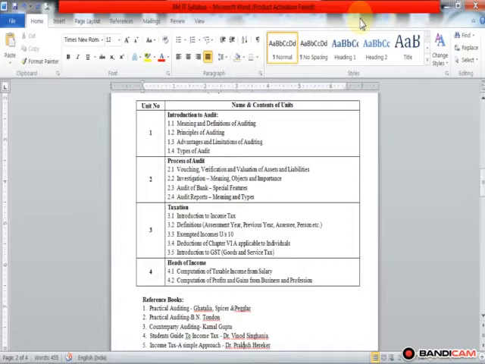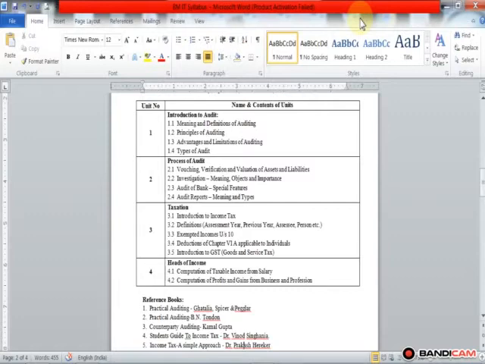Unit number 2nd, process of audit. In process of audit we have to study the 4 points. 2.1 Vouching, verification and valuation of assets and liabilities. 2.2 Investigation, meaning, objective and importance.